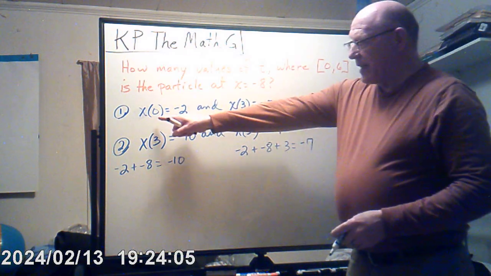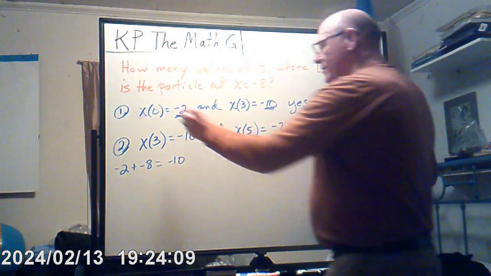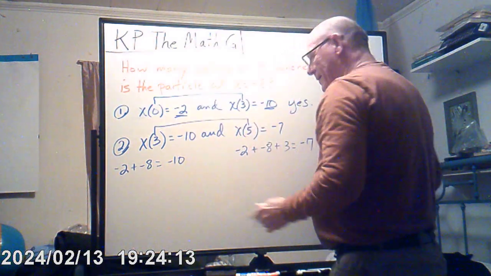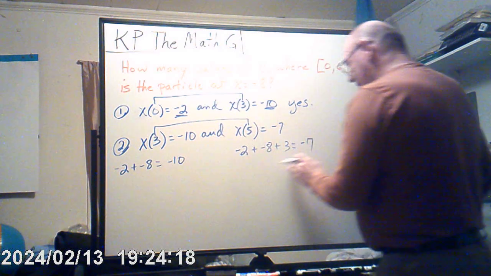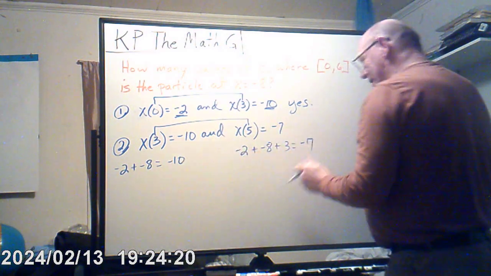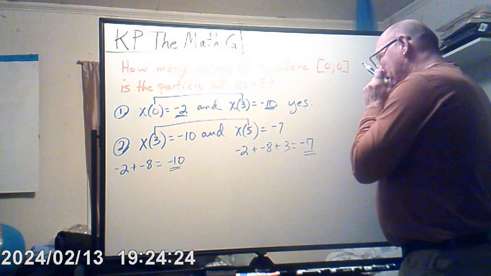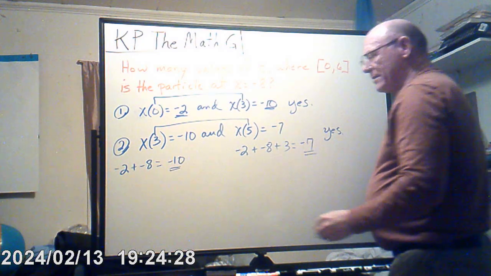Always start at x at 0. Go to your first point right here, 0 to 3, and then from 3 to 5. Now, again, is -8 between -10 and -7? And that answer is yes. That fits.